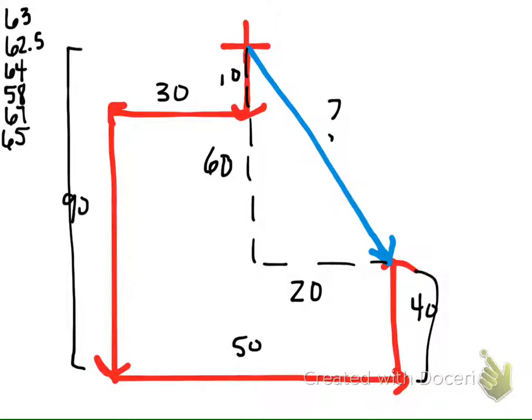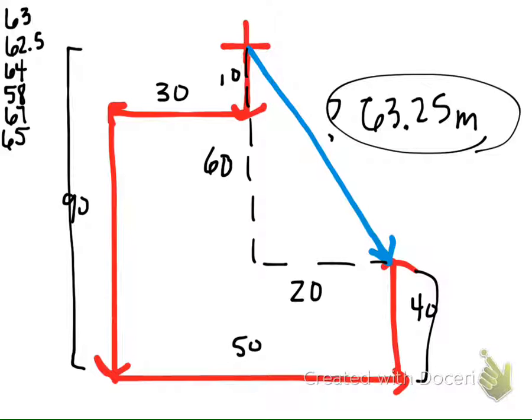Okay, so let's solve now for the hypotenuse of that triangle. Do we see where those numbers came from? 60 and 20. Okay, so let's solve for that hypotenuse. 63.25 meters should have been our final.